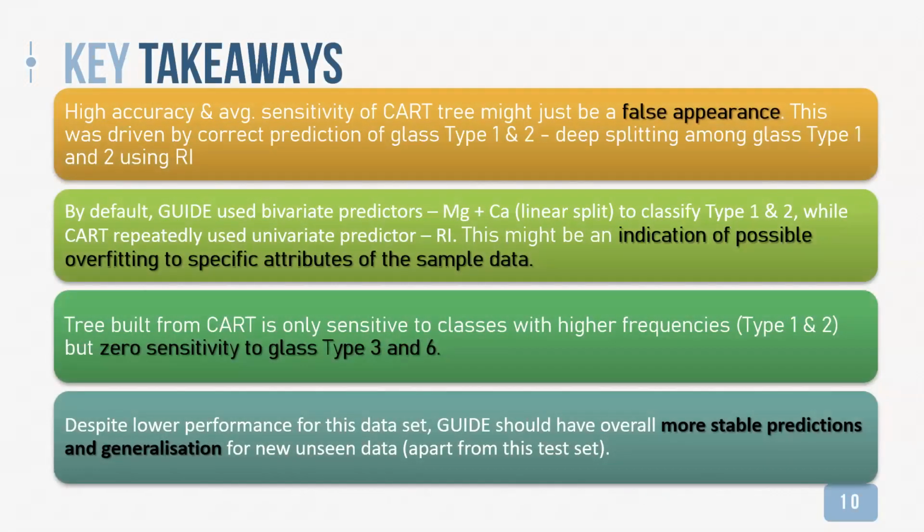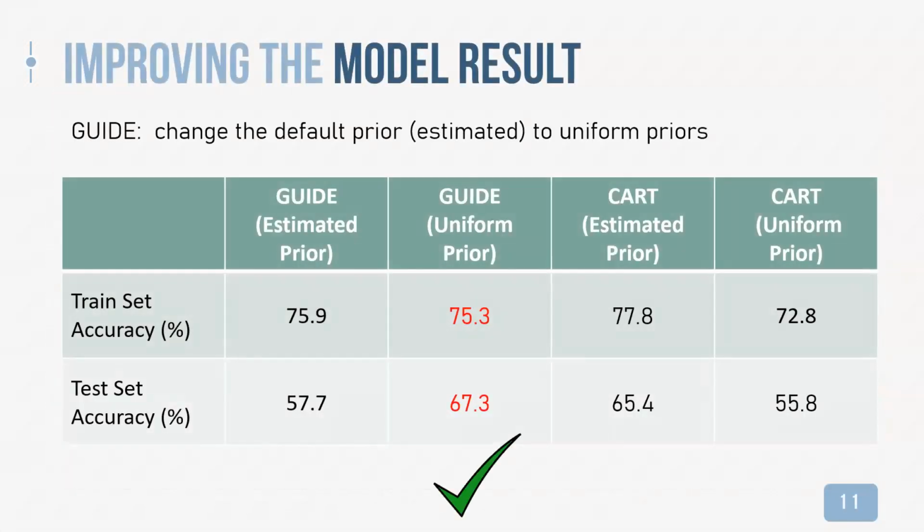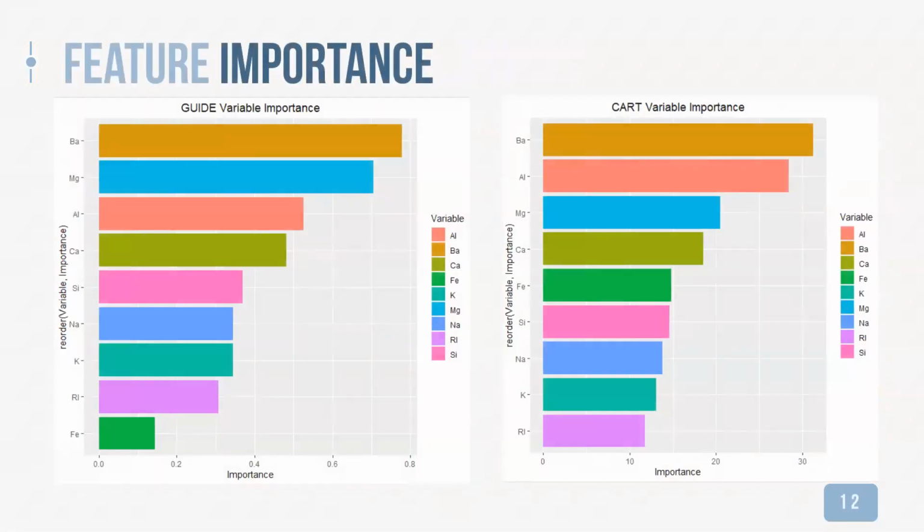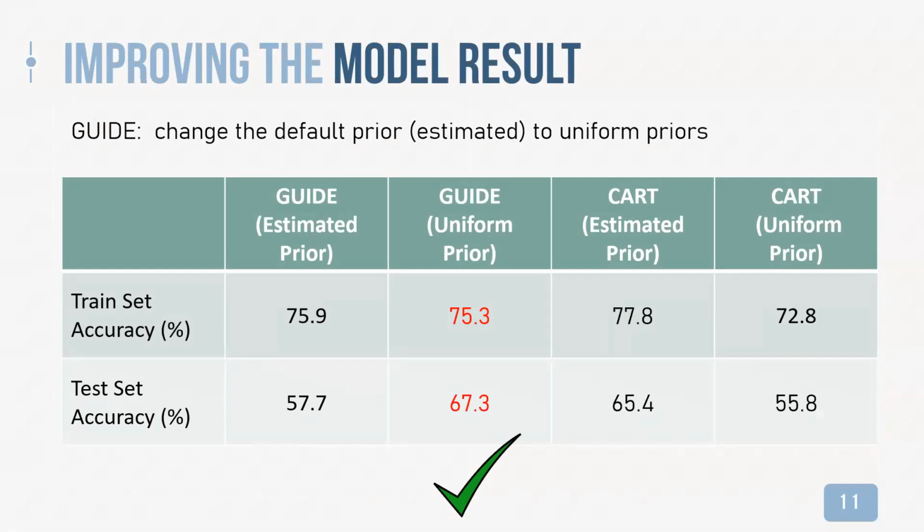And then how about random forest? The result from random forest, the use of the prior is also important. Generally, I would suggest that we just keep it to the uniform prior.